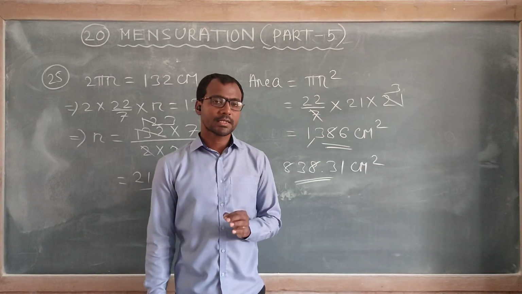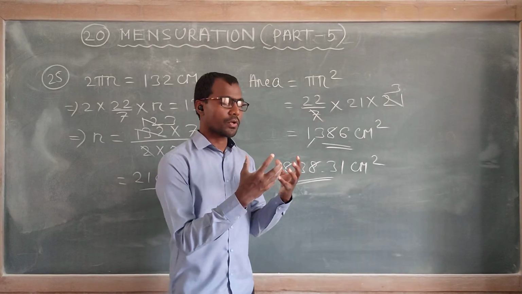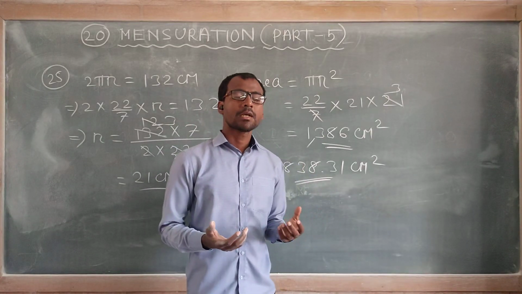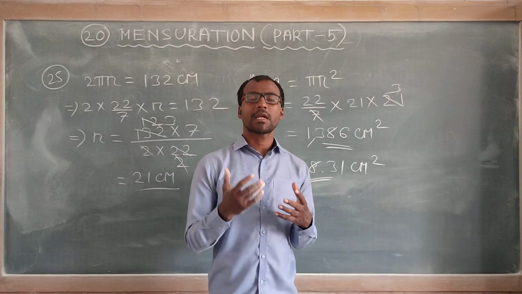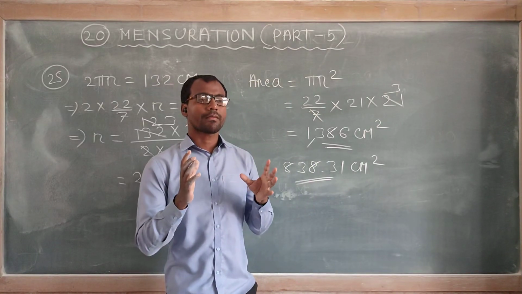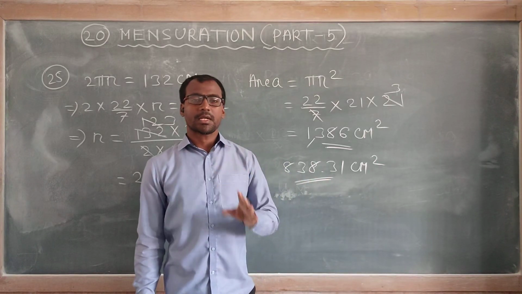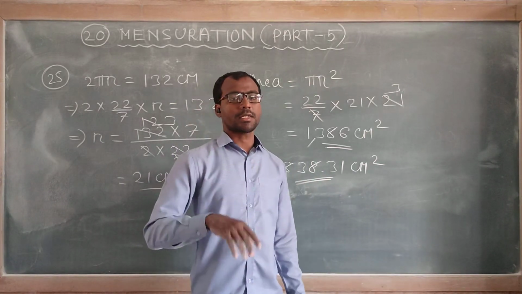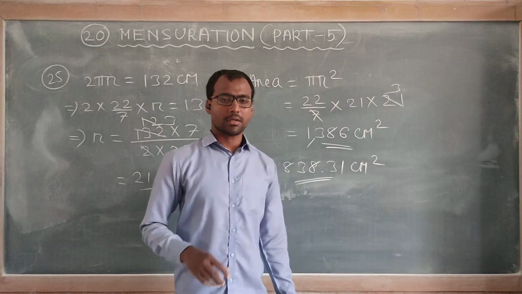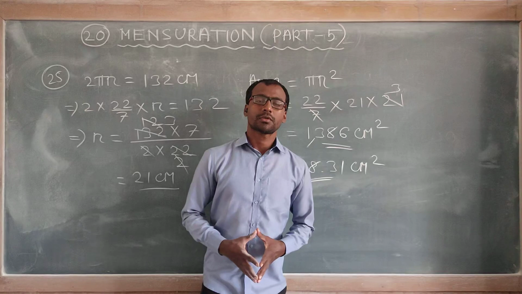The largest area will be occupied by circle only. Remember this. So if for a given circumference, or given length of wire, you want to form a figure having the largest area, then you have to form a circle. Circle has the largest area having the same perimeter. Okay. So I hope you have understood this part. Thank you for watching.